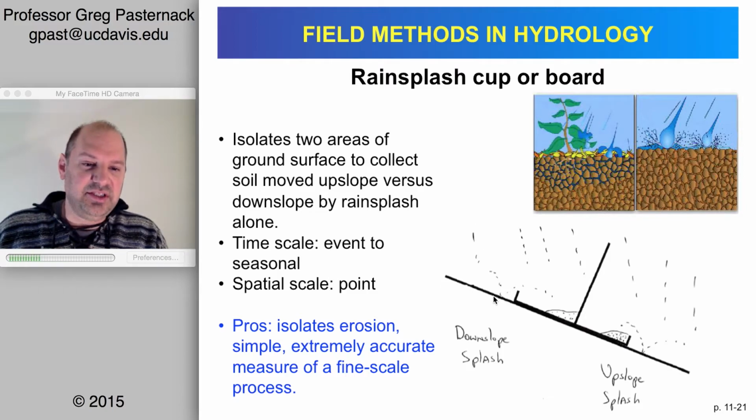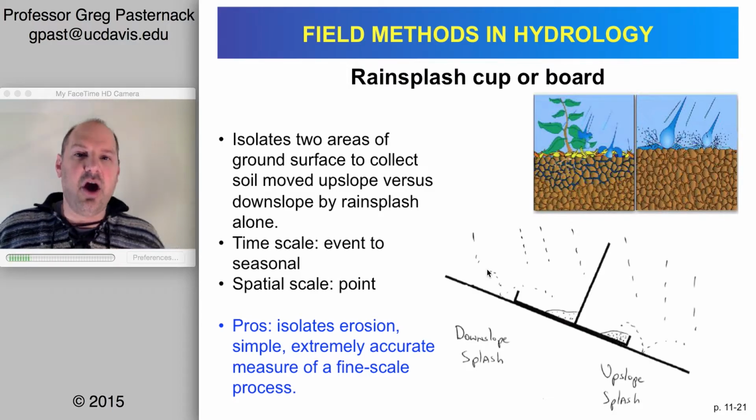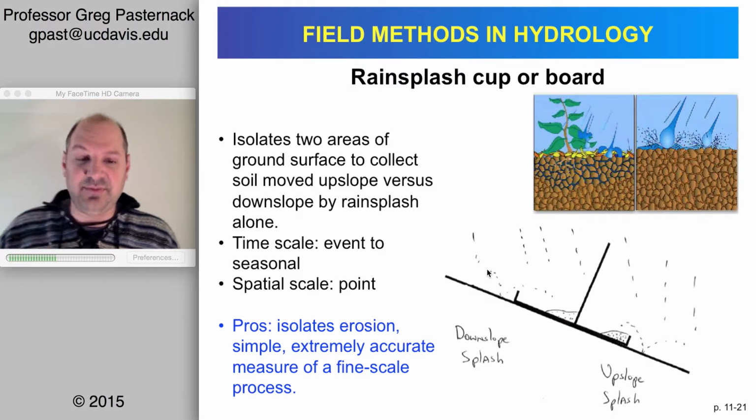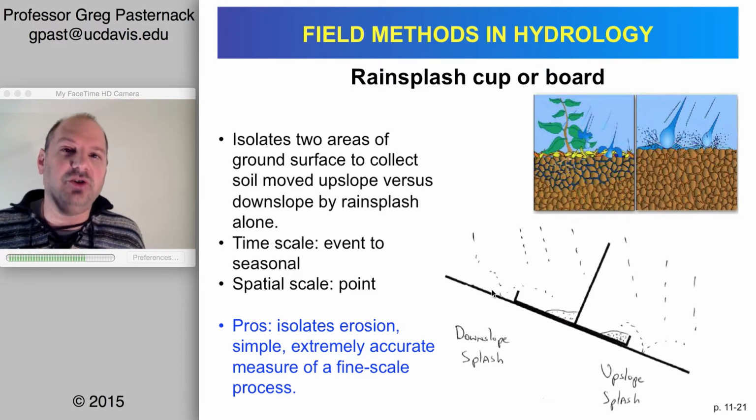You can see this is on the hill slope, and these little dashed lines are like raindrops hitting the ground. When a raindrop impacts the ground, that can cause a burst of sediment to splash up into the air, and that splash will be in all directions.